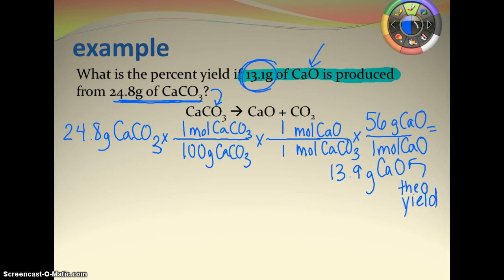So now to find our percent yield, we're going to do actual, which is the 13.1, over theoretical, which we just found to be 13.9, times 100. And that means our percent yield is 94.2%.